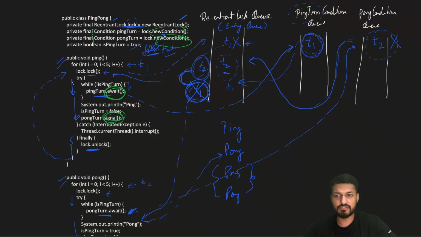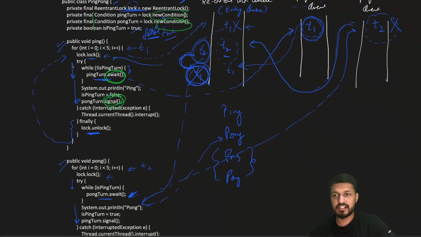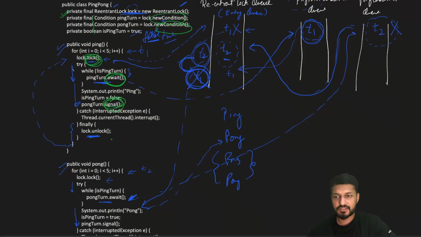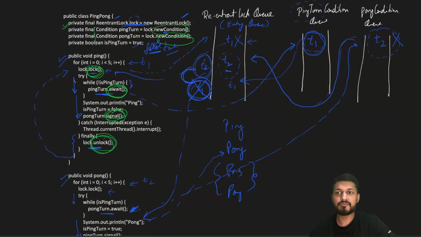Signal is also a new function that is used on a condition variable. Apart from that, lock is a new method which is used on a reentrant lock variable, right? And also unlock, yes, lock.unlock is also used on a reentrant lock variable. So there are 5 important functions that we learned here.